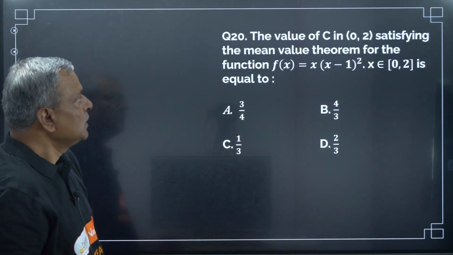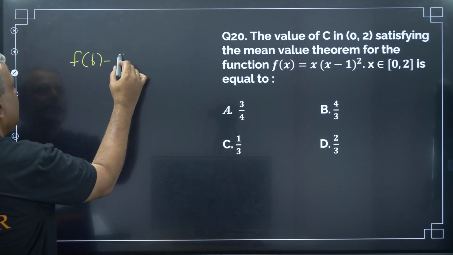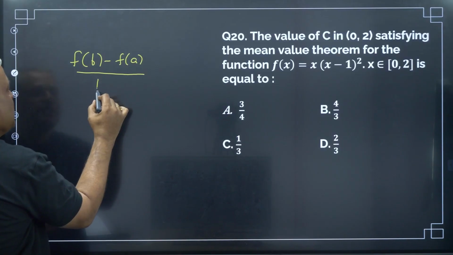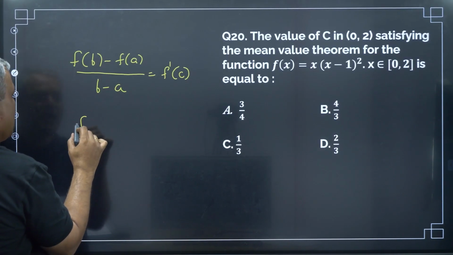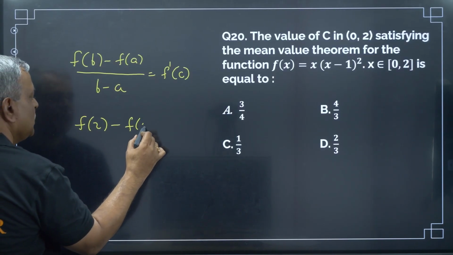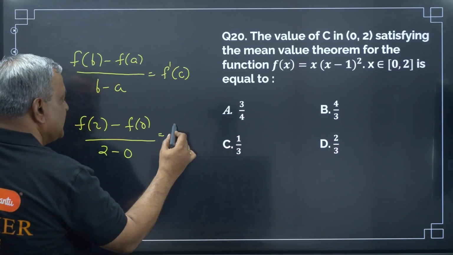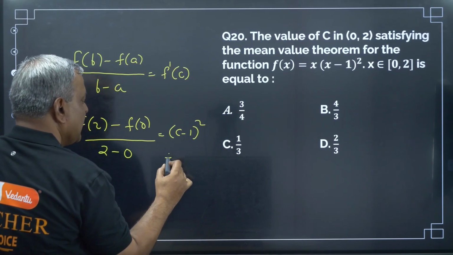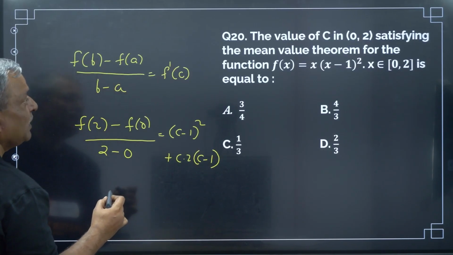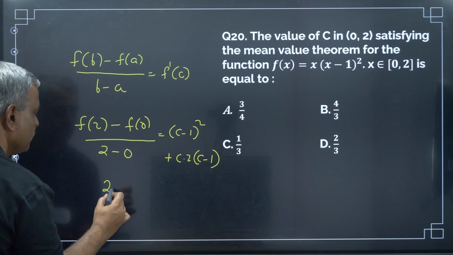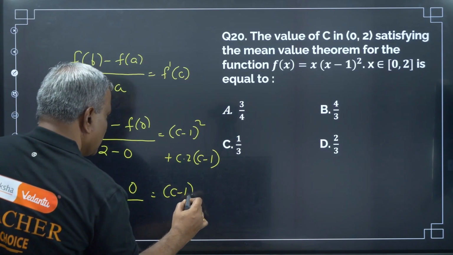Question 20. Lagrange's mean value theorem, you must know the definition: f(b) minus f(a) by b minus a is equal to f dash c. So according to the data, f(2) minus f(0) by 2 minus 0, and differentiating this one you get (c minus 1) whole square plus c into 2 times (c minus 1). So f(2) minus 0 by 2 is equal to (c minus 1) common.